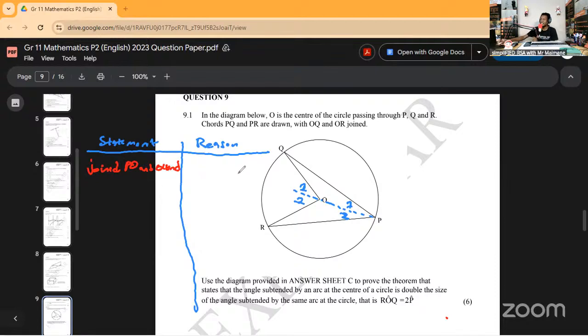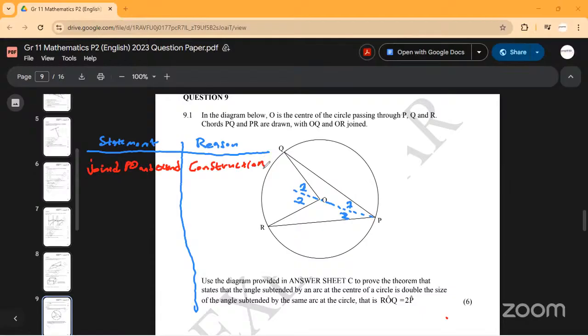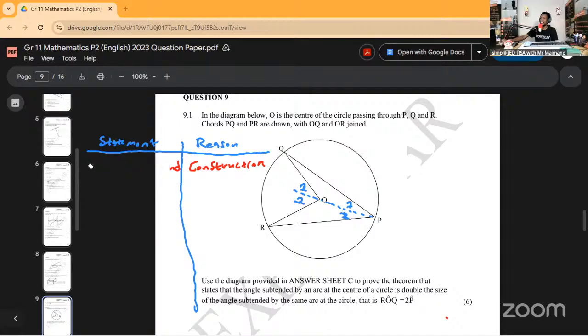So I've joined PO and have extended it. The reason is that it is a construction, because you made a construction. What is the statement? You joined PO and you extended it. That's what we did.